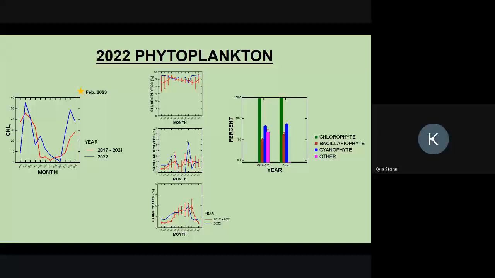Micrograms per liter. In terms of composition, there are no really big changes that we can see over the entire year.